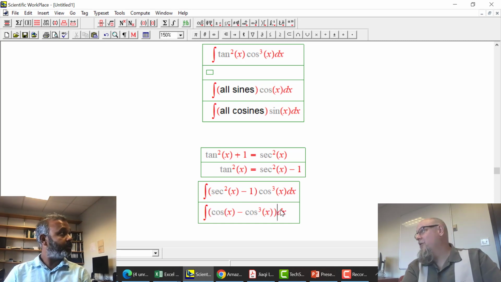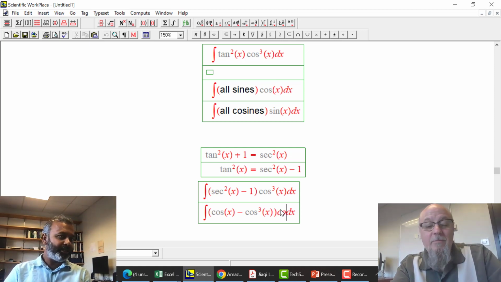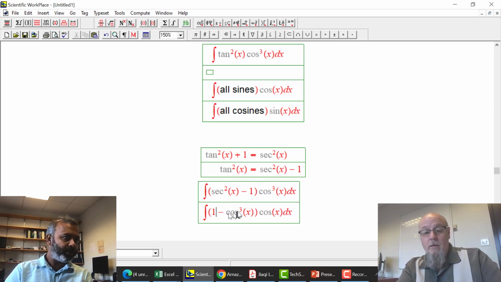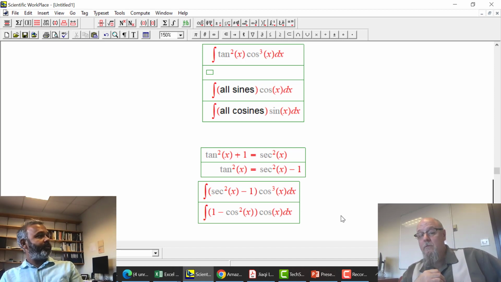Or I guess I could have only multiplied two of the cosines through and left the other one, maybe that would have been better. So this is a 1 and that's a squared. Now, 1 minus cosine squared, right? So that we can replace with sine squared.